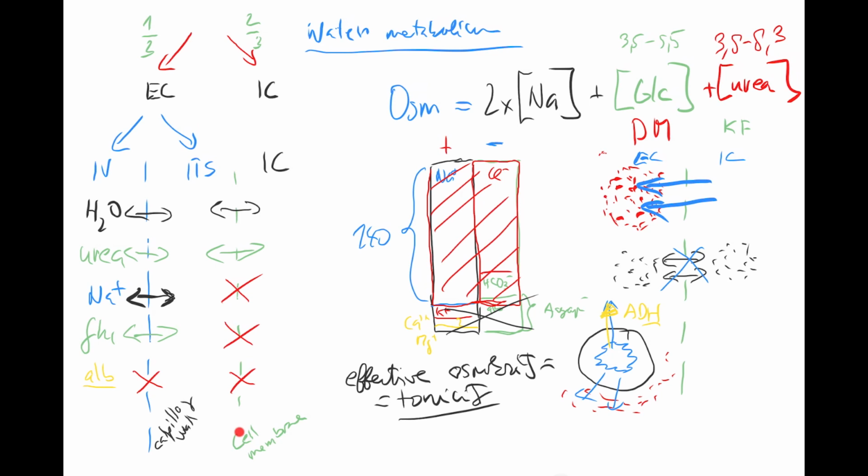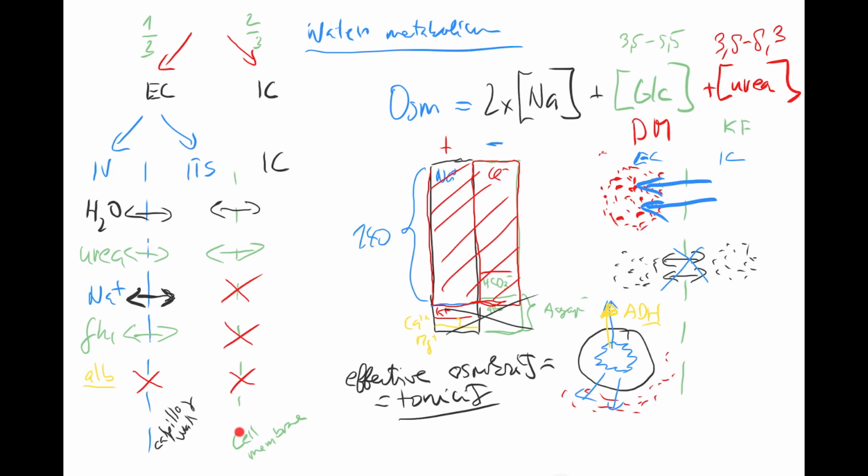You need ADH to bring the aquaporins to the collecting duct. Otherwise, the urea won't go through. So the medulla of the kidneys is a special place.